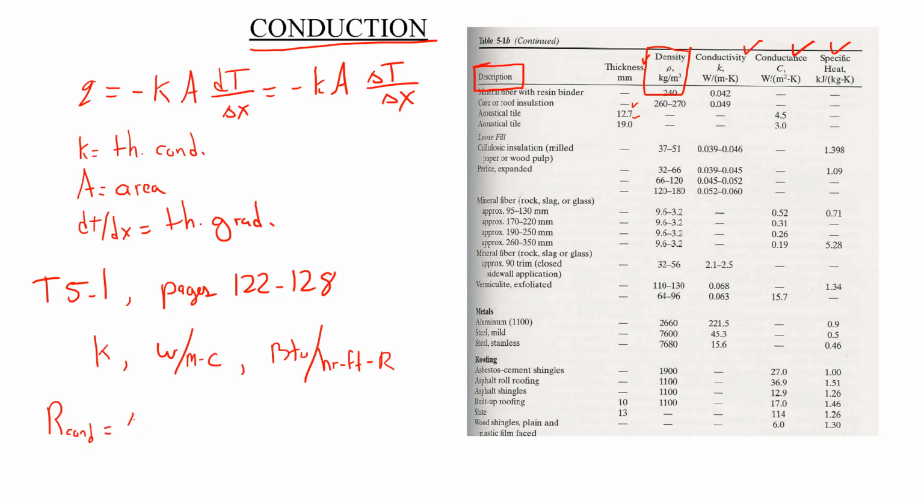And if you recall from heat transfer, for conduction, the thermal resistance is the thickness of the material over the thermal conductivity, or 1 over the conductance. Now, these tables are not going to give you thermal resistance directly, but they do give you thickness, conductivity, and conductance, and you can use those to calculate what the thermal resistance is.